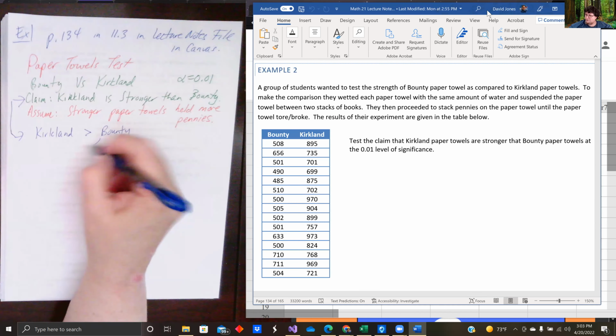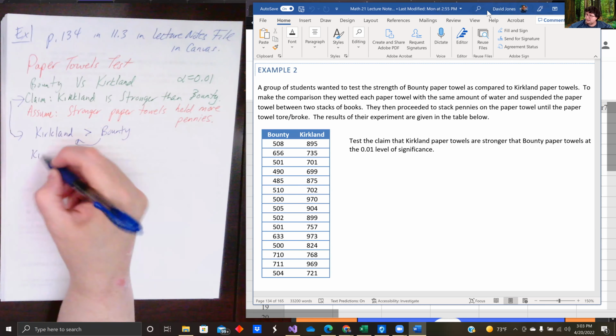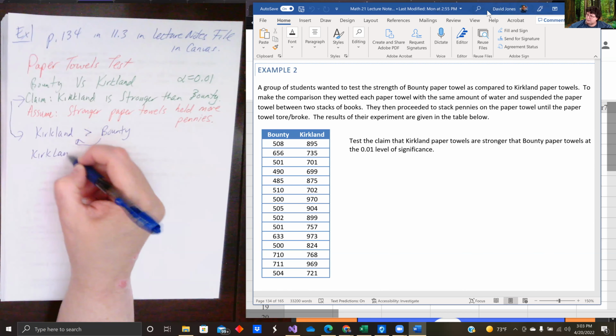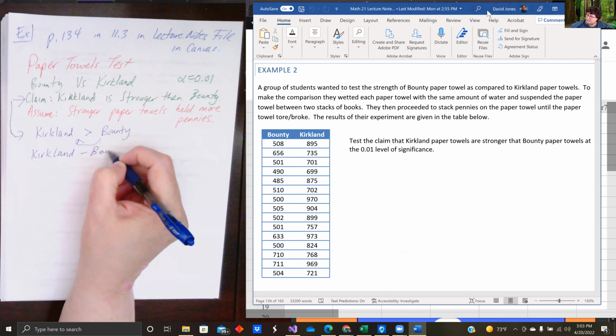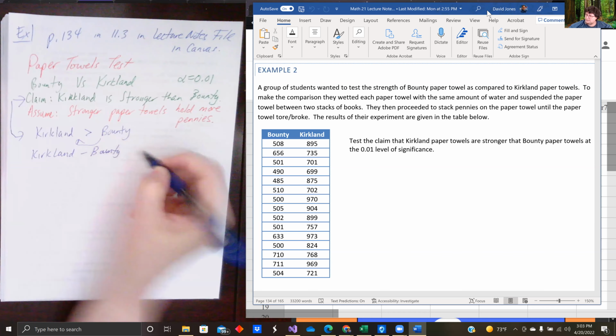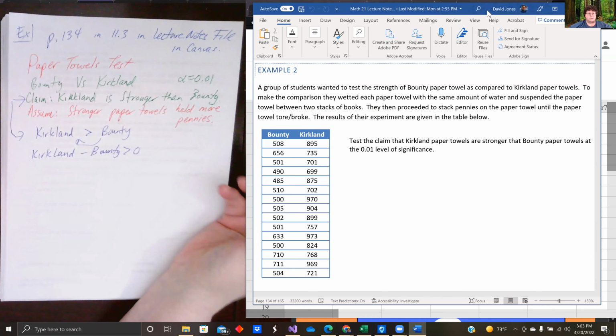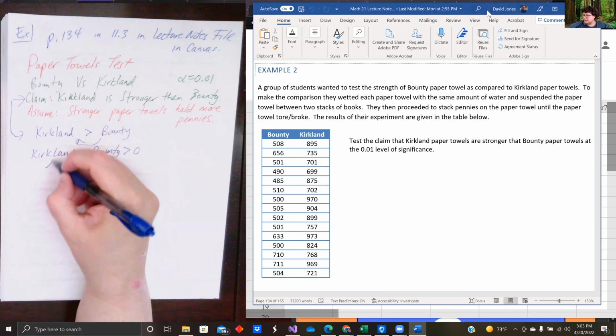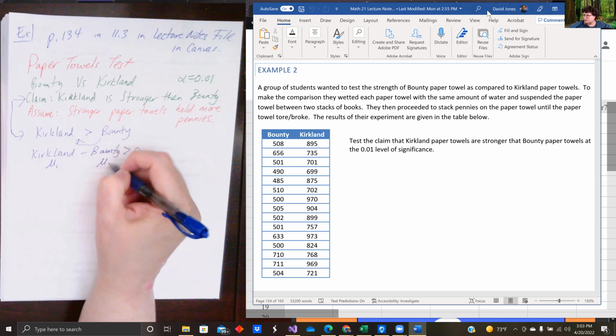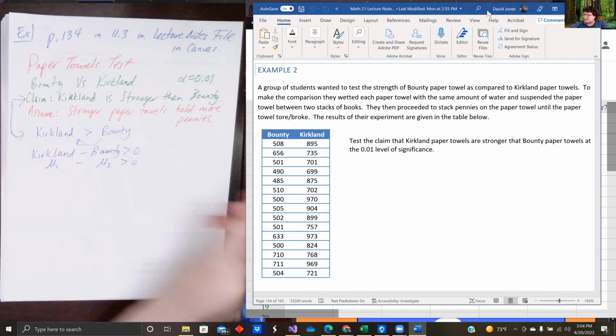So if I move that over with subtraction, I have Kirkland minus Bounty is greater than 0. And if I choose Kirkland to be group 1 and Bounty to be group 2, I have a good HA here.